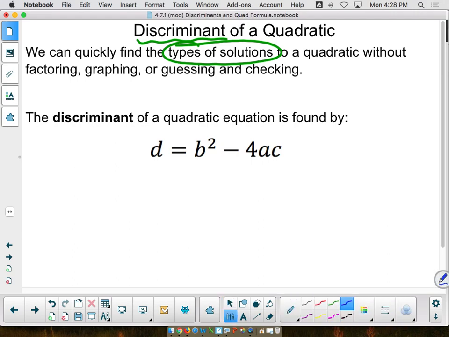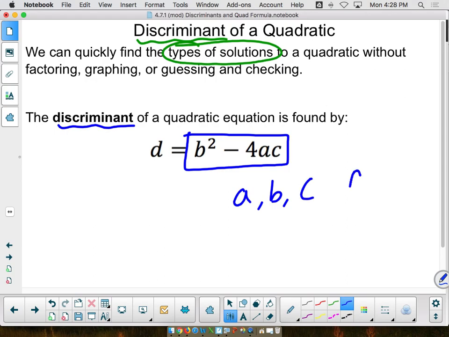To calculate the discriminant, which starts with the letter D, it's b squared minus 4ac, where a, b, and c are from the equation.